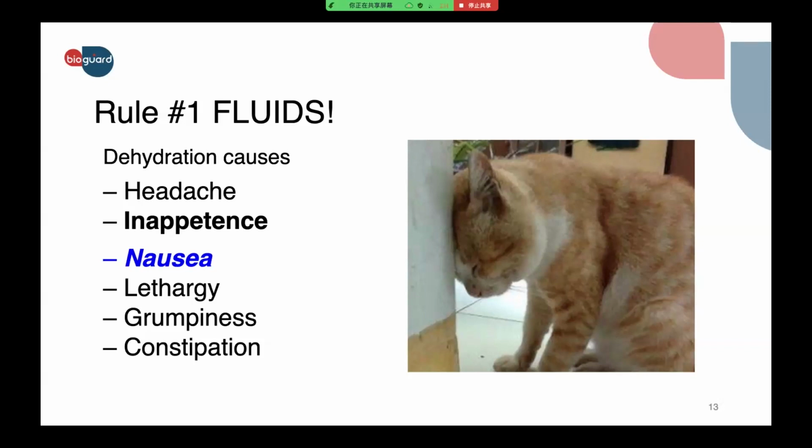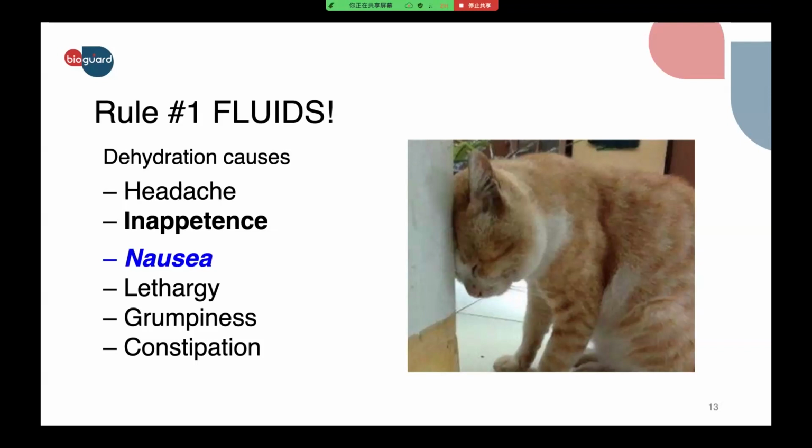No. For the pet owner to monitor, the first sign noticed would be constipation, because the fluid in the colon is absorbed from the feces very quickly when the body is dehydrated. So the colon will absorb more water from the feces, and constipation happens.